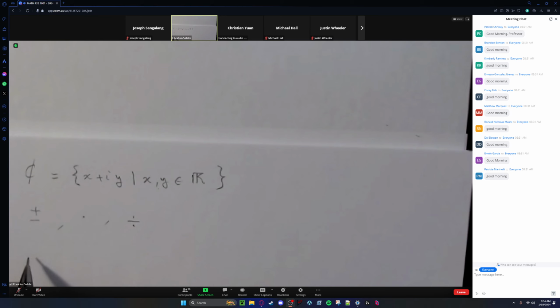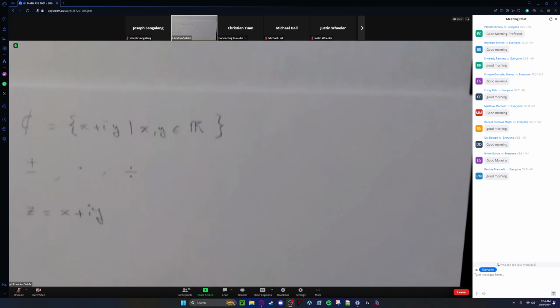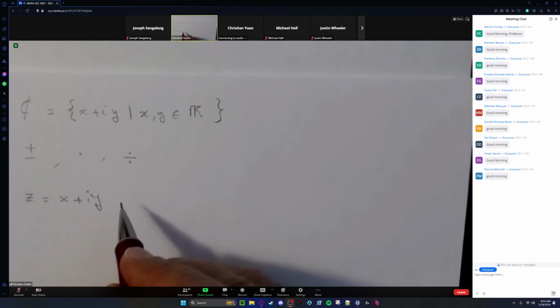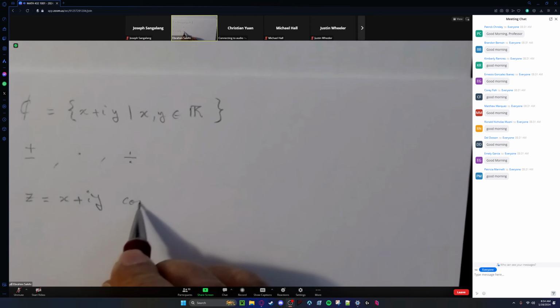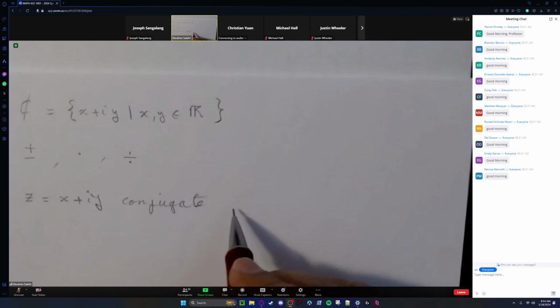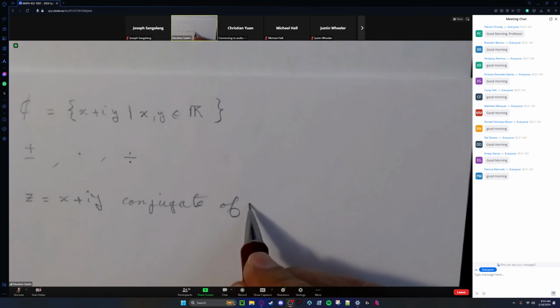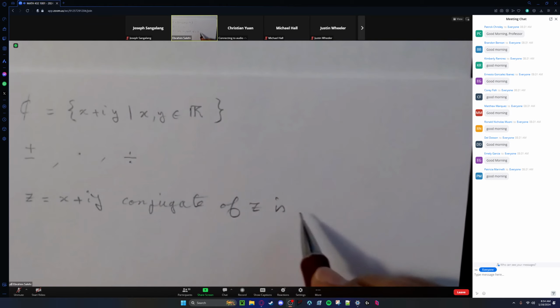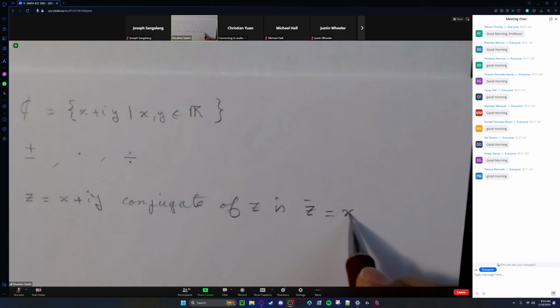So if you have z equal x plus iy, the conjugate of z is denoted by z bar and is x minus iy.